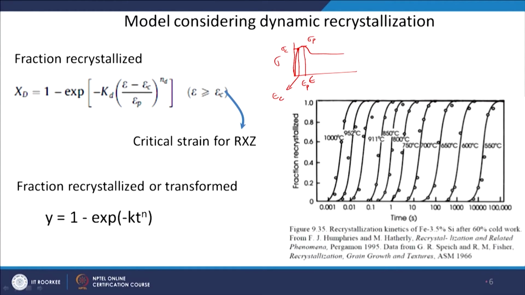Okay. If you look at the recrystallization process, this equation has come from the Avrami equation, where it has a typical S-shaped curve, and this type of curve you will see in a large number of processes, not only metallurgical processes, for example, growth of bacteria.